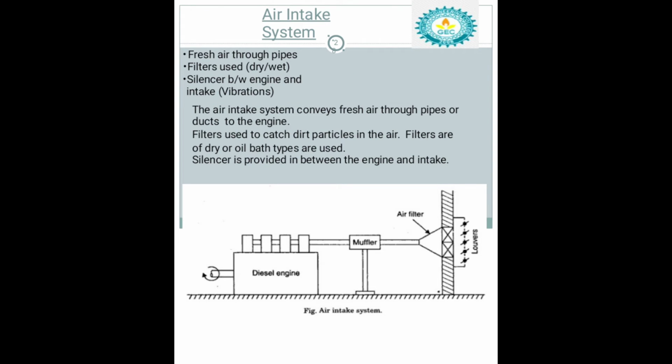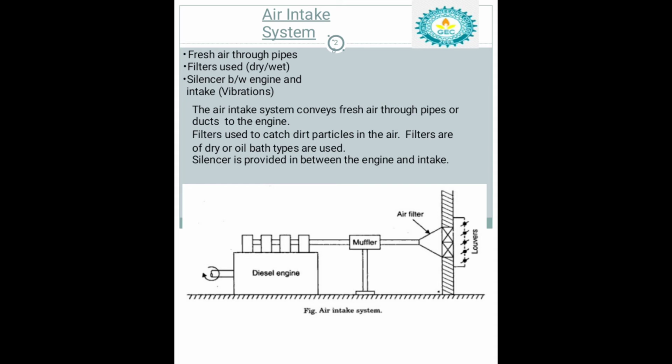Air intake system. When the inlet valve is open, the fresh charge air is admitted into the cylinder in the suction stroke. The main reason is that we have to maintain a pressure difference.